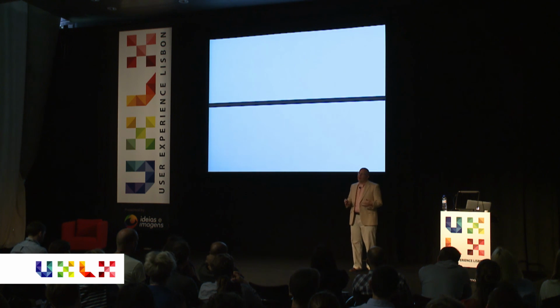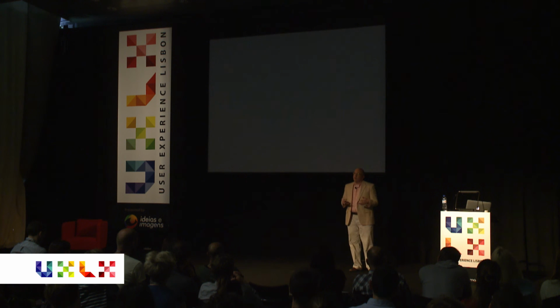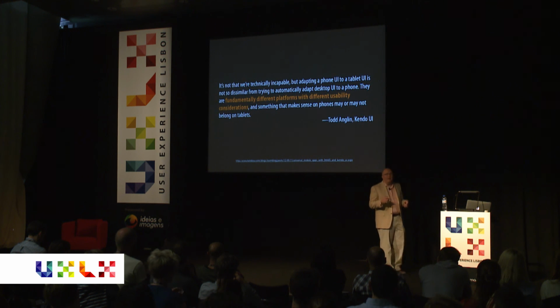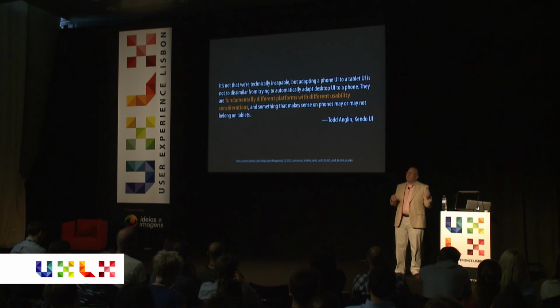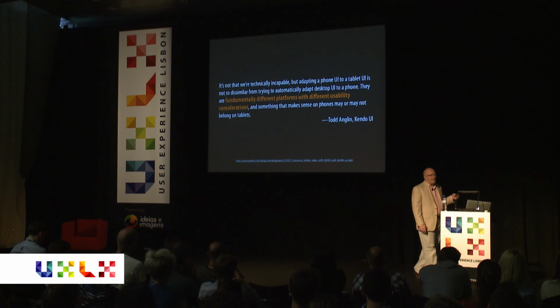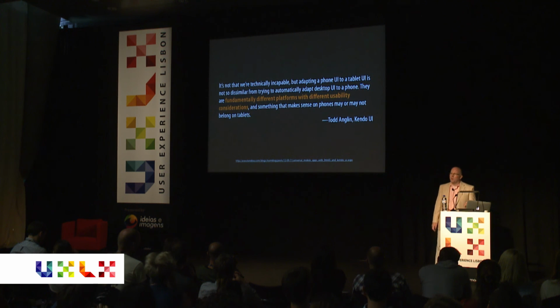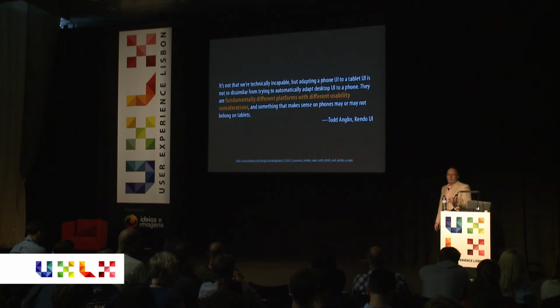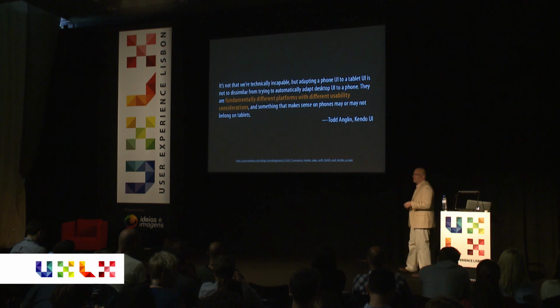And thankfully, Todd Anglin with Kendo UI had written about why he felt that their tablet UI and their mobile UI needed to be different. He talked about the fact that it's not that they're technically incapable of doing this, but that they believe that a phone UI to a tablet UI is not so dissimilar from trying to automatically adapt desktop UI to phone. They're fundamentally different platforms with different usability considerations.